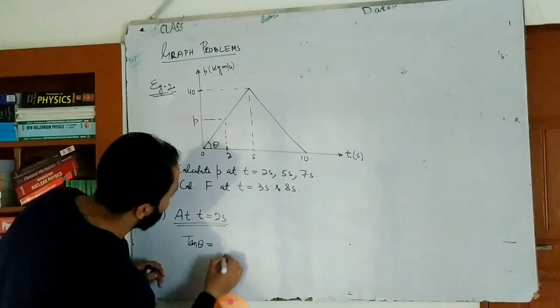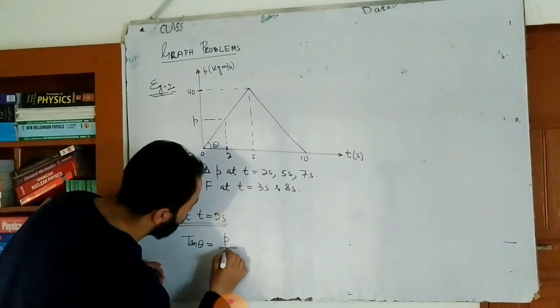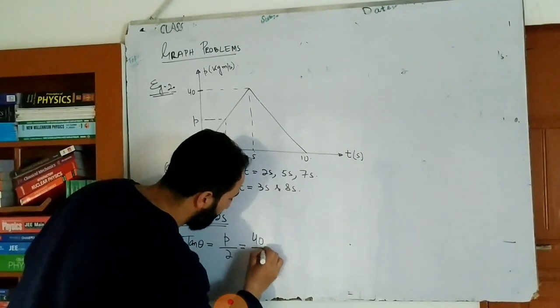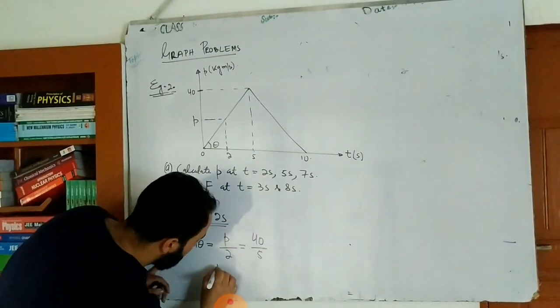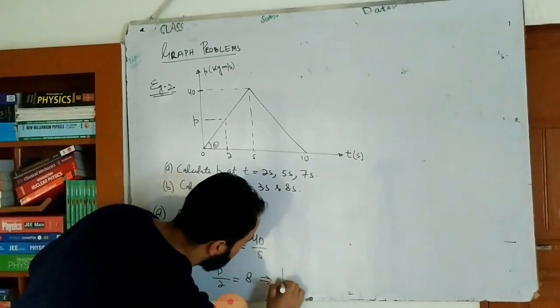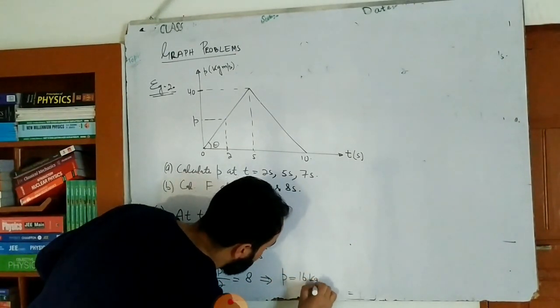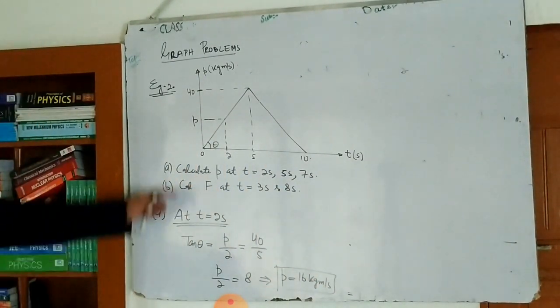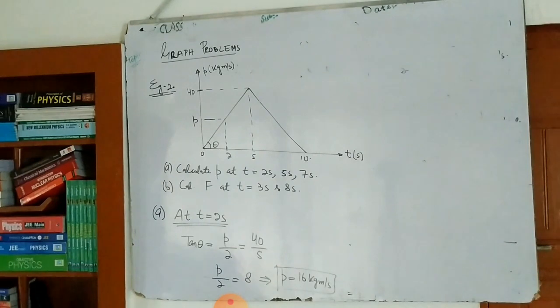In the smaller triangle it will be perpendicular P divided by base 2. In the larger, bigger triangle, it's equal to 40 divided by 5. So P divided by 2 will be equal to 40 by 5, that is equal to 8, which implies that this P is equal to 16 kilogram meter per second. बस हो गया, ठीक है ना बेटा? So this is 16 kilogram meter per second.